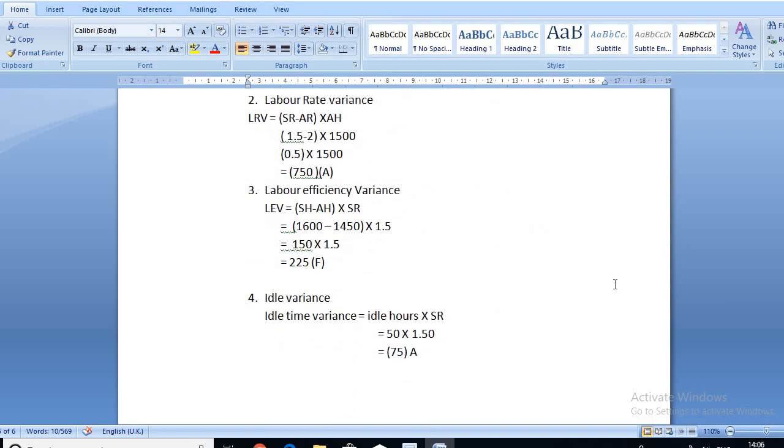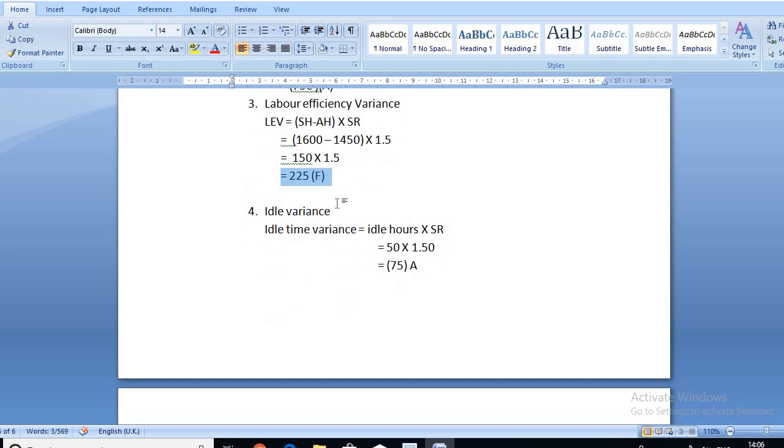So while calculating labor efficiency variance, actual hour is not 1500. Actual hour will be 1450, multiplied by SR. SR will be 1.5. Now 150 multiplied by 1.5. So 225 favorable.